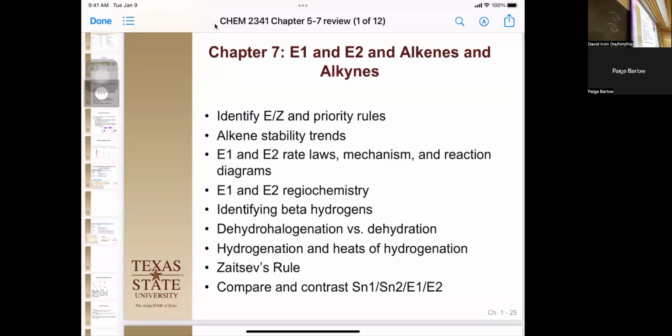Dehydrohalogenation versus dehydration. One removes acid, one removes water. Overall, the mechanisms are very similar, except that they're not. One is base mediated, meaning you use an entire equivalent of base to take that acid off. That's the dehydrohalogenation. And one is acid catalyzed, because you want to protonate the alcohol.